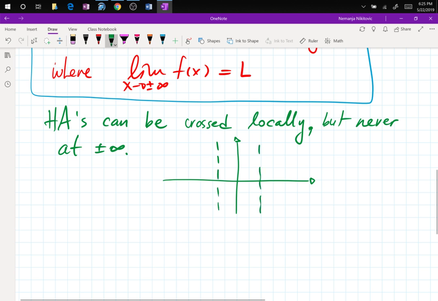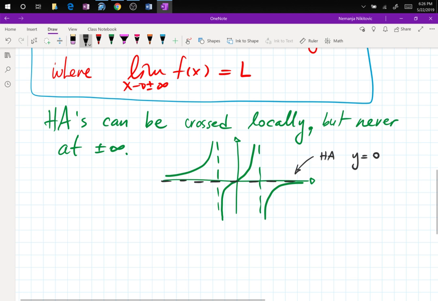You have a piece of a function that pierces through, and then two pieces that are following, and you do have a horizontal asymptote along y equals 0, for instance. So as you can see, the middle part of the function pierced through the asymptote. Horizontal asymptotes can be crossed because they only bend the functions at infinities.